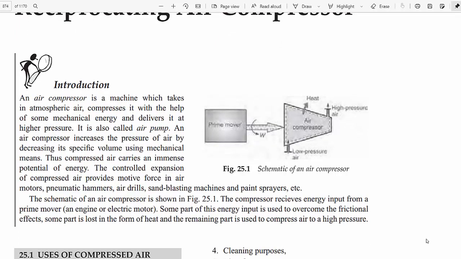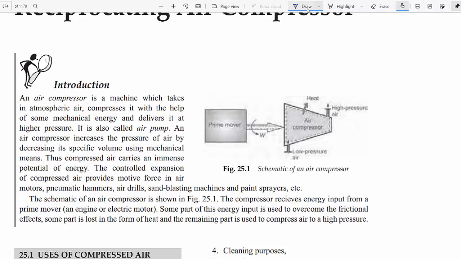See the diagram. Here is the prime mover. Prime mover means the compressor is connected with a motor. That motor consumes electricity and, due to that, the motor rotates. The motor is coupled with the compressor.